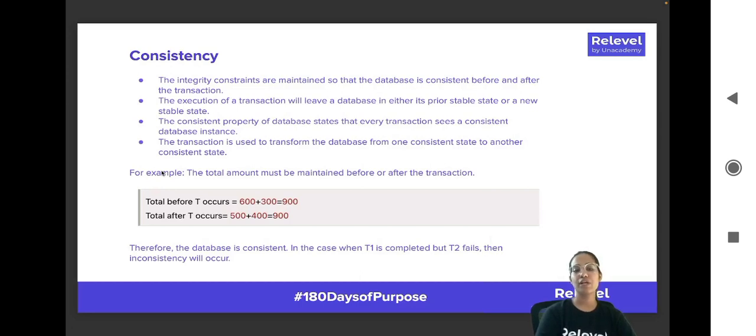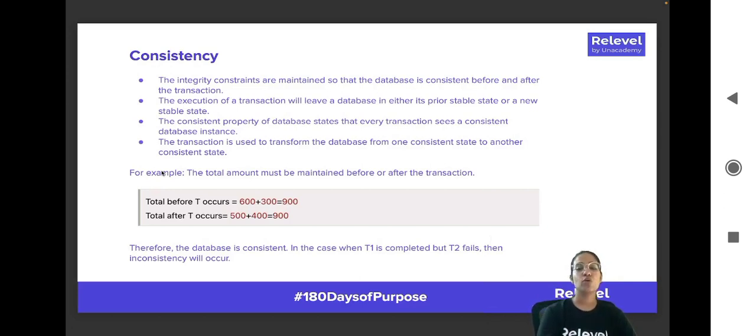The consistency property of a database states that every transaction sees a consistent database instance. The transaction is used to transform the database from one consistent state to another consistent state. If your database is in a consistent state and you perform transactions on it, you should go to a new consistent state. You never go to inconsistent states during a transaction.